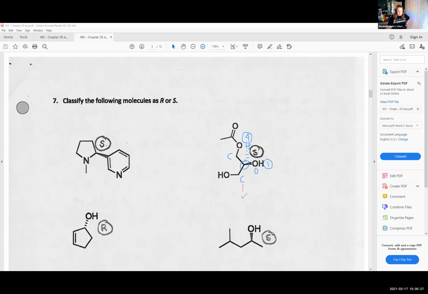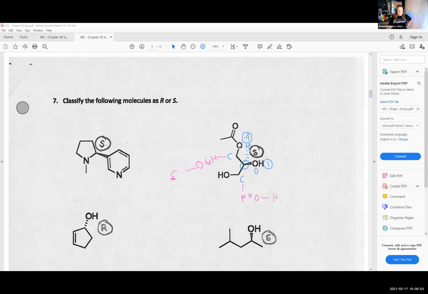So right now, carbon versus carbon is tied. This carbon is bonded to a hydrogen, a hydrogen, a hydrogen, and an oxygen. This carbon is bonded to a hydrogen and an oxygen. So they're still tied. But then we look at what those oxygens are bonded to. This oxygen is bonded to a carbon, and this oxygen is bonded to a hydrogen.